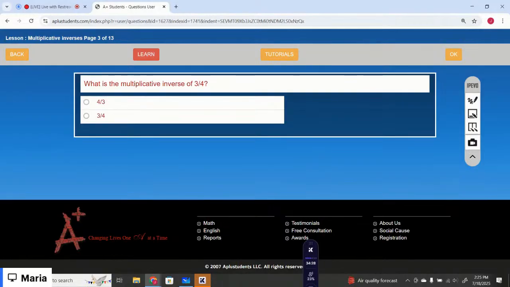What is the multiplicative inverse of 3 over 4? That would be 4 over 3. Option number 1 is the correct option.